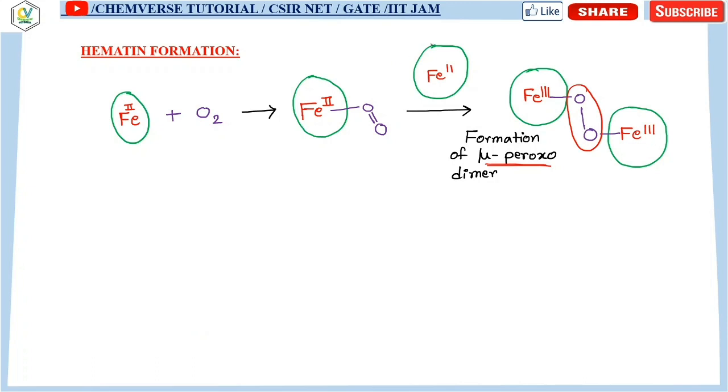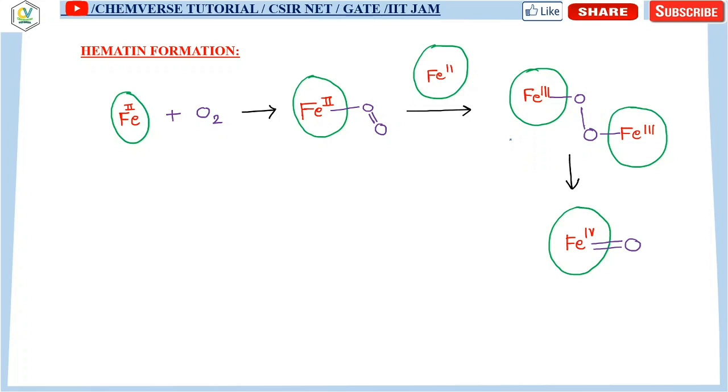Okay, it can bind with another heme group, because now the heme groups are free to move. That is why you can see that around them there is no coating of protein. So this kind of dimer formation occurs. And one very interesting feature is that iron is already oxidized from +2 to +3.